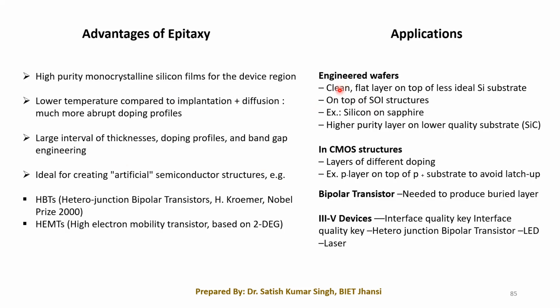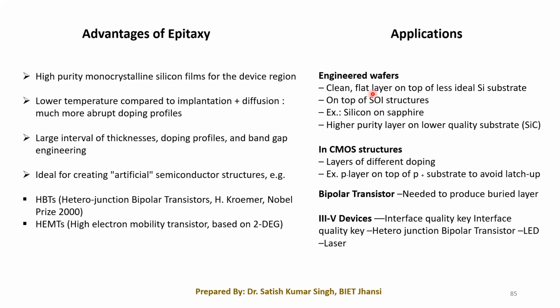We already have a substrate, and onto the substrate we can further change its properties by growing a new layer, so that we can get the specification of our desire. As per our requirement, we can change the properties of the substrate.